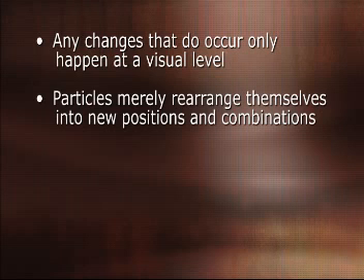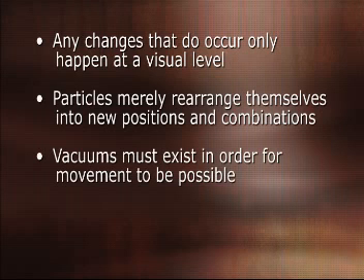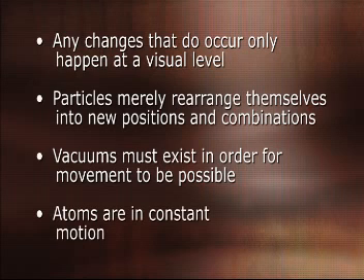Democritus also believed that vacuums, or void spaces, must exist for movement to be possible. He believed that atoms are in constant motion and that everything happens out of necessity.